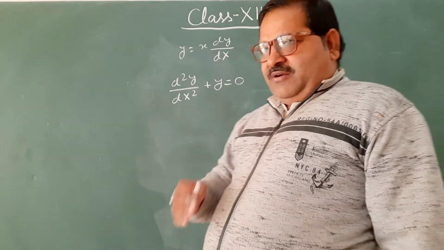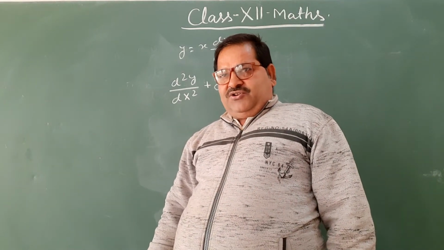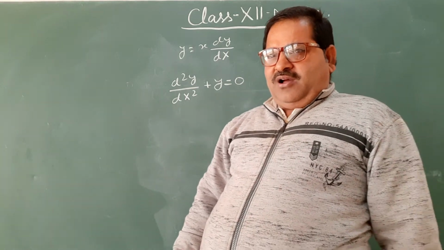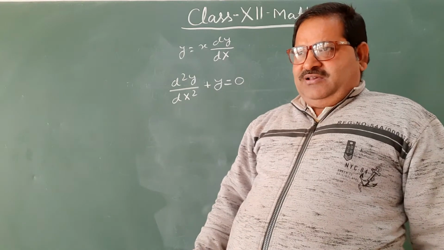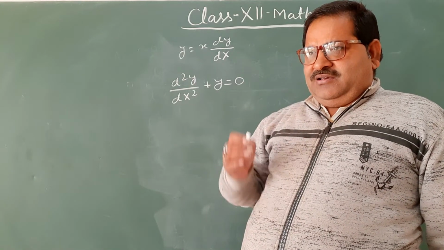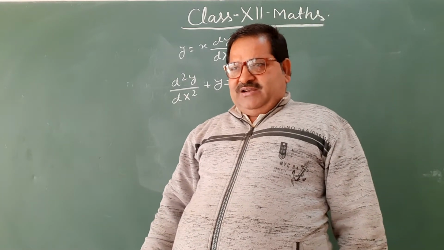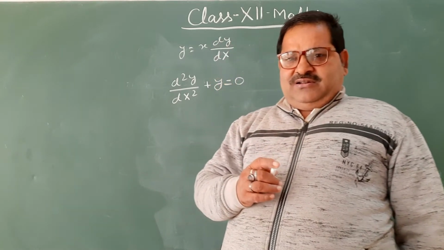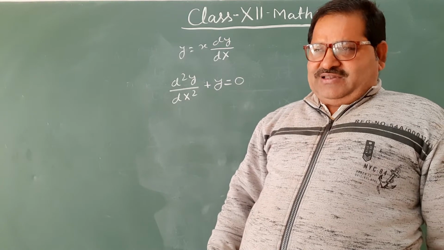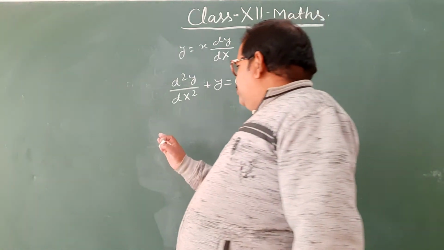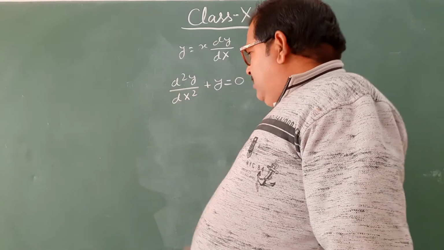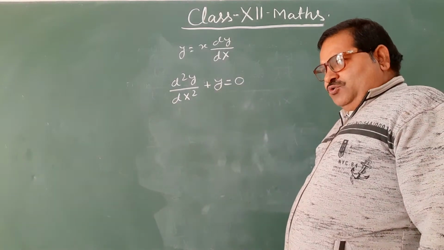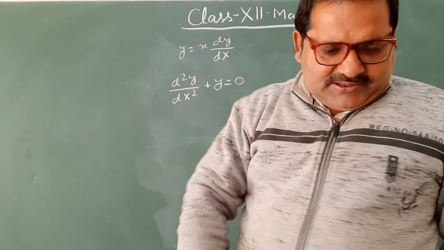The number of arbitrary constants depends upon the order of the differential equation. If n arbitrary constants are present, then we find a differential equation of order n. Clear? So this is a second order differential equation, so it has two arbitrary constants.